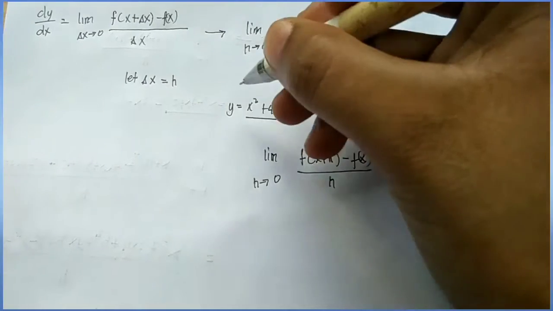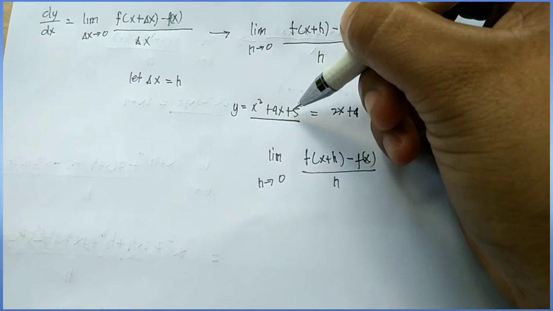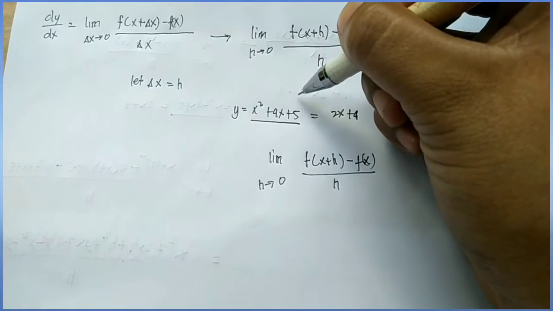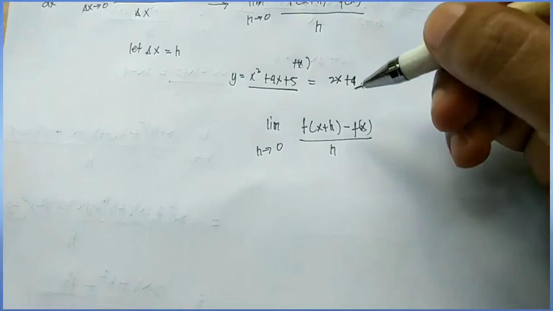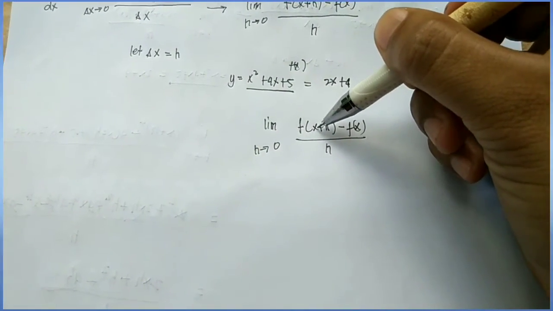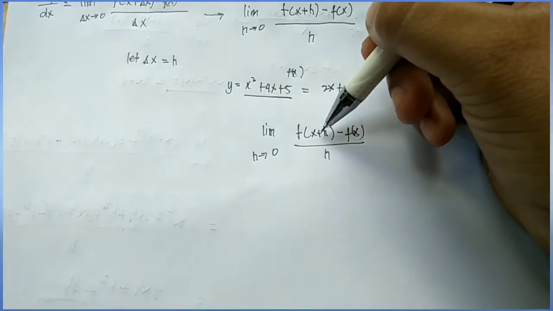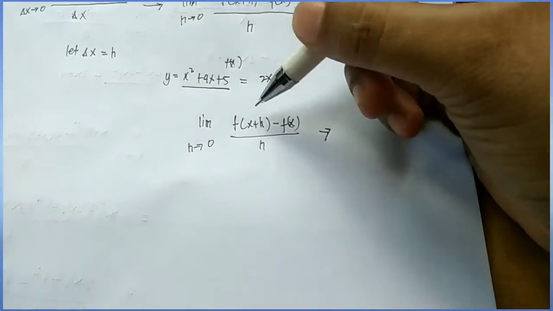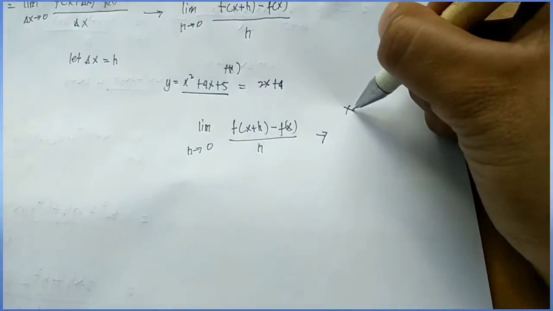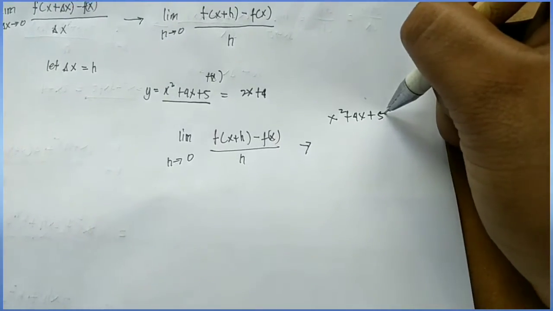Okay, y is equals to x squared plus 4x plus 5, or equals to f of x. Here we replace x with x plus h. So x squared becomes x plus h squared, plus 4 times x plus h, plus 5, minus f of x, which is x squared plus 4x plus 5.